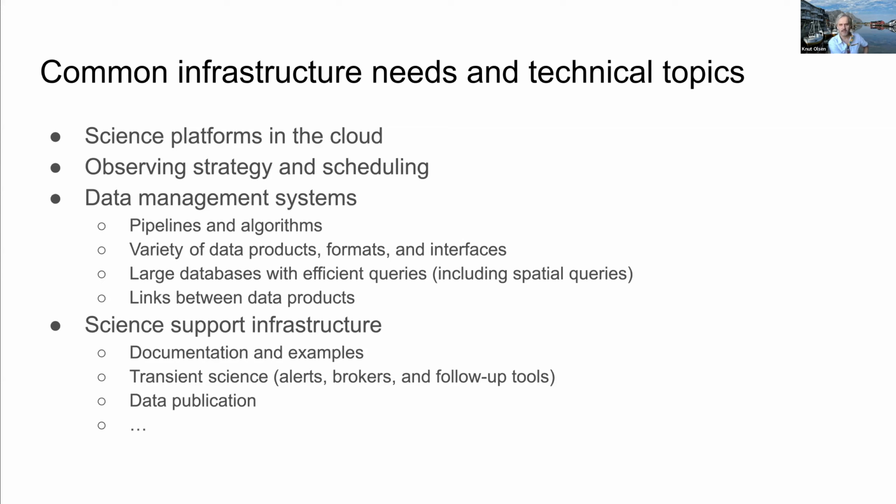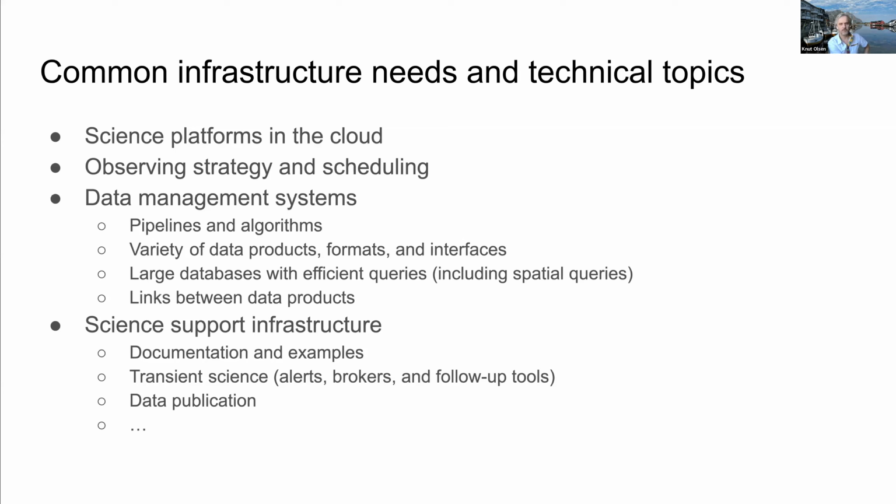The science support infrastructure is another topic. I think Rubin's science collaborations and Roman's science teams will all be producing, and also the Rubin community science team as part of the project will all be producing documentation and examples, which could be shared.